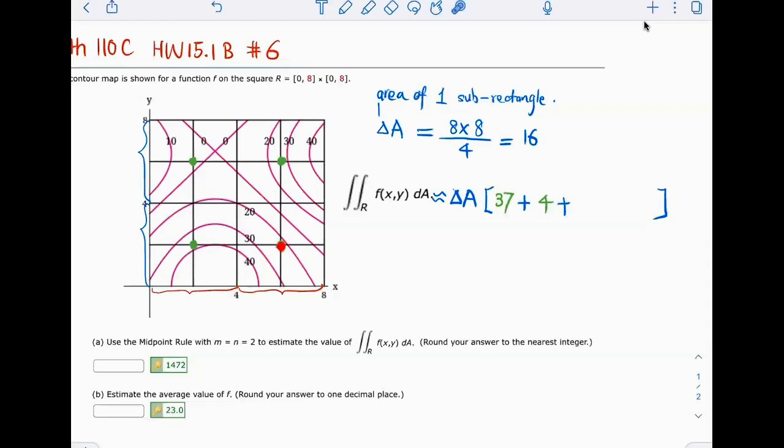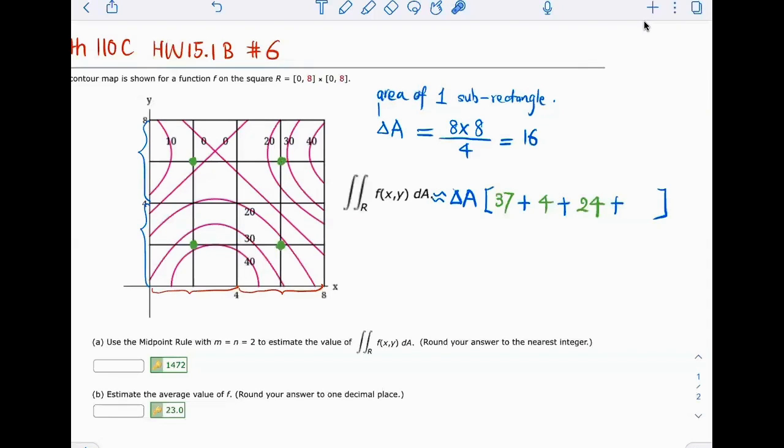Okay, and then you also get the function value over here, which is between 20 and 30, but it's more toward 20. So let's say 24. And then finally, the function value at this last midpoint is between 20 and 30. It's more towards 30.